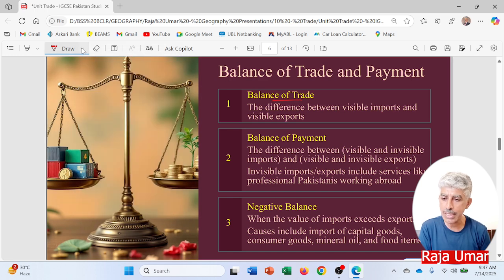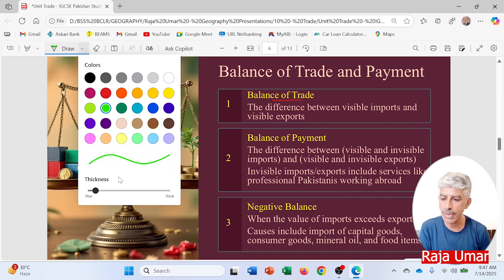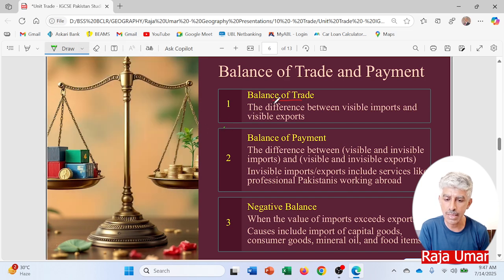Balance of trade, let me change the color as it is not really very visible over here. So the balance of trade, the difference between the visible imports and visible exports, that is the definition of balance of trade.